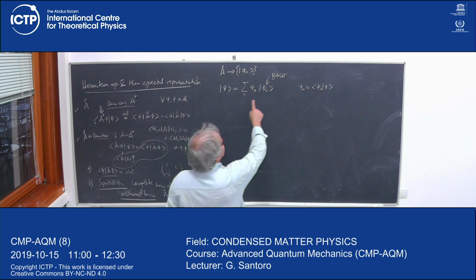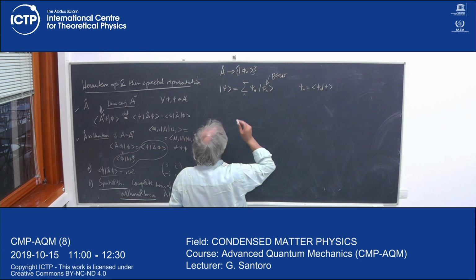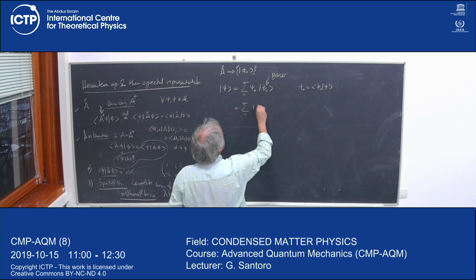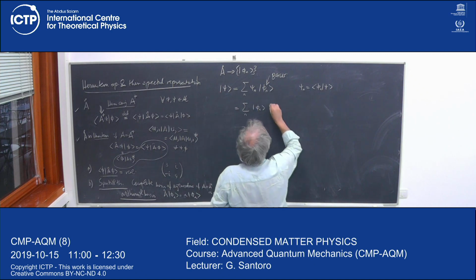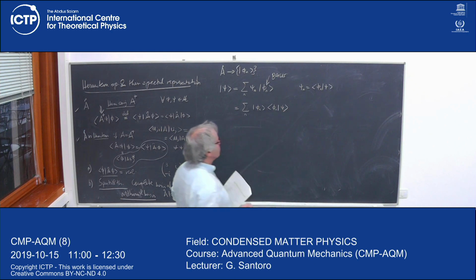So, if I take these two very simple equations and write them together, let me rewrite them in the following way. Psi n times this is equal to phi n psi. Clear?